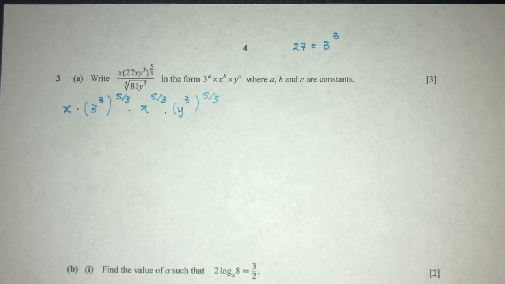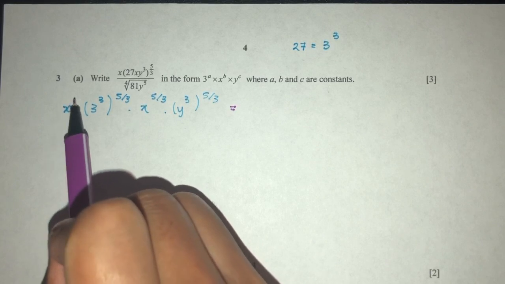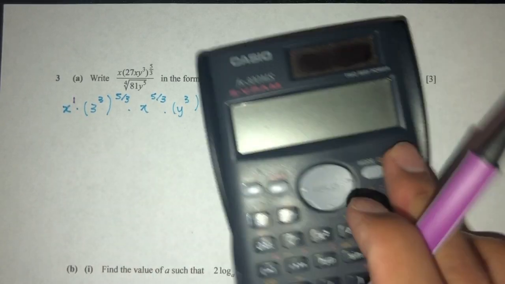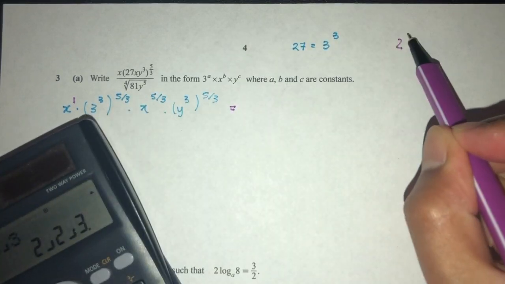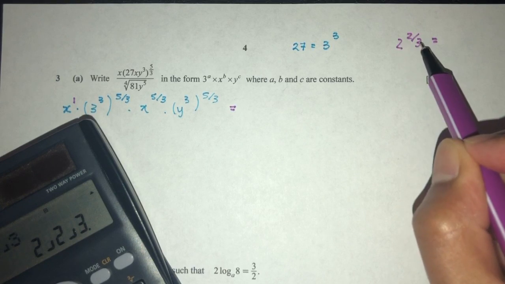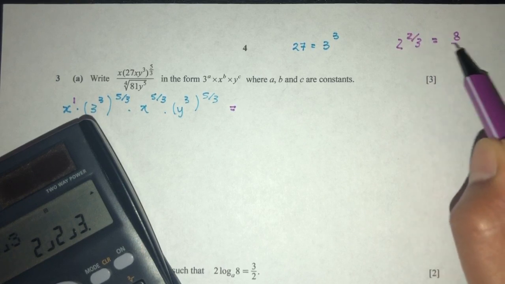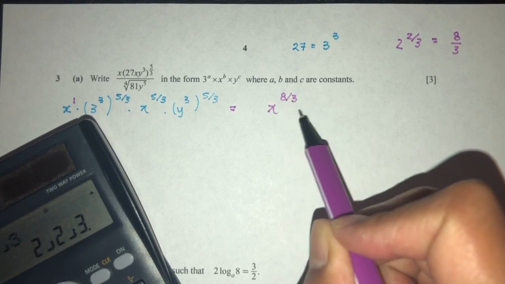Now, we can first simplify the top if you want to, one by one. So here we have x power 1 plus x 5 over 3. So 1 plus 5 over 3, that will be 2 over 3. Now we can simplify. 2 times 3 is 6, 6 plus 2 is 8, 8 over 3. That will be x 8 over 3.